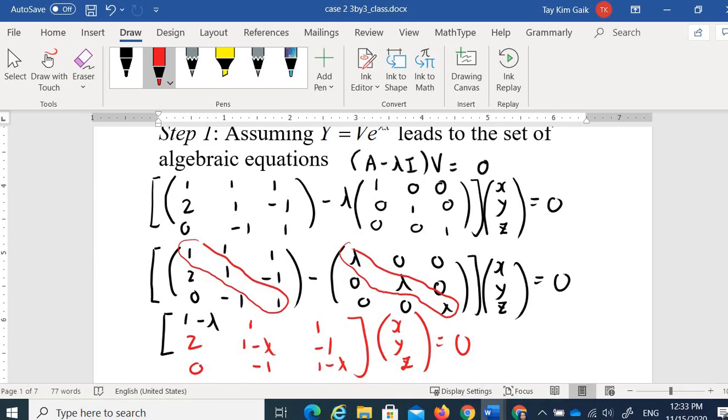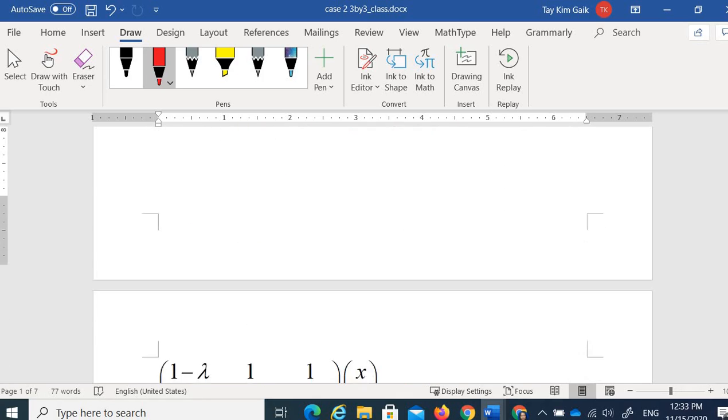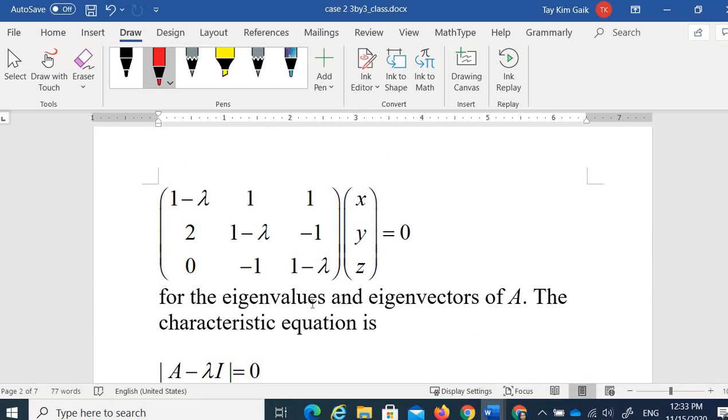So in the homogeneous system, this will be your (A minus lambda I) v equal to 0. We notice it only changes the main diagonal of the matrix A.